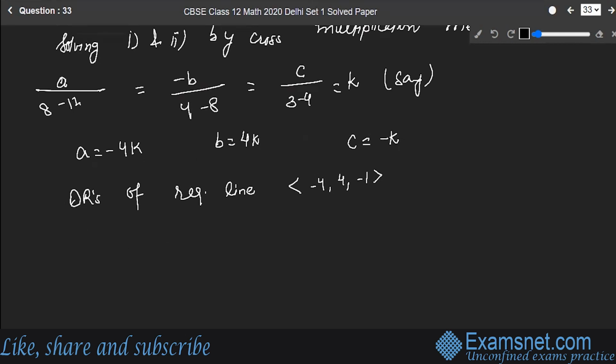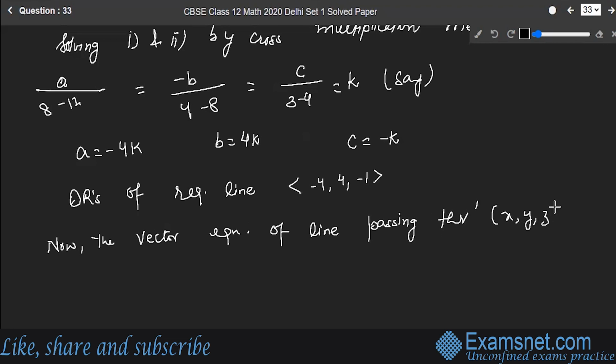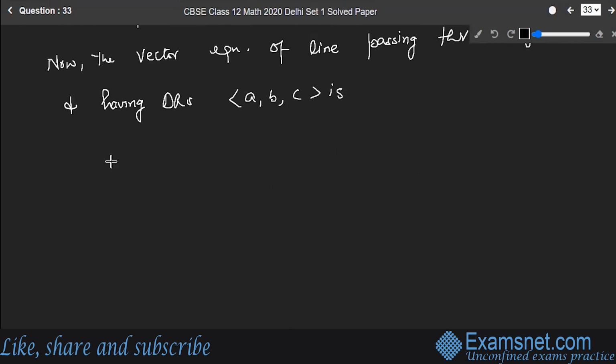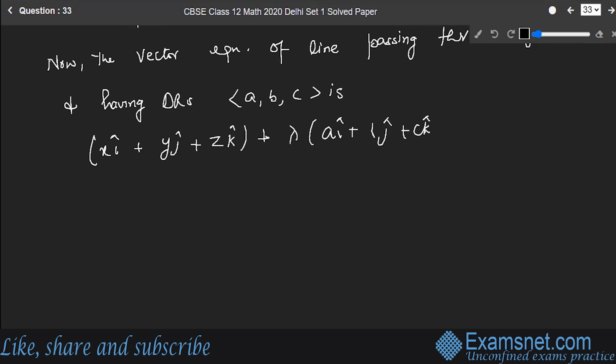Now the vector equation of a line passing through x, y, z and having direction ratios A, B, C is given as xi plus yj plus zk plus lambda of (Ai, Bj, Ck) is equal to 0.